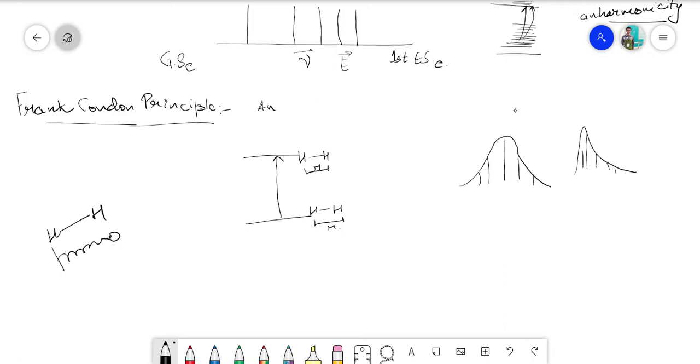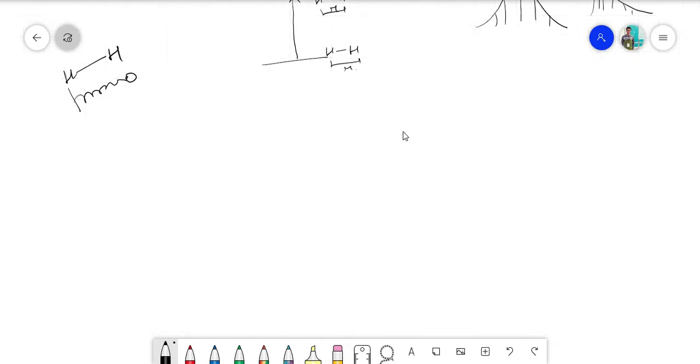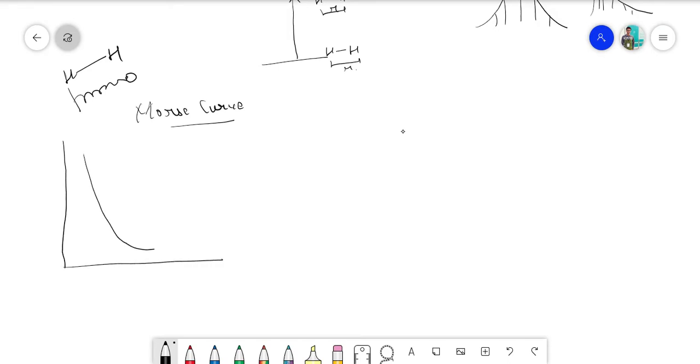Now, since we're considering the anharmonic nature of the molecule, for the energy curve we will consider the Morse curve. We had seen this previously. The Morse curve looks something like this. So you have a Morse curve like this, and these are your energy levels.